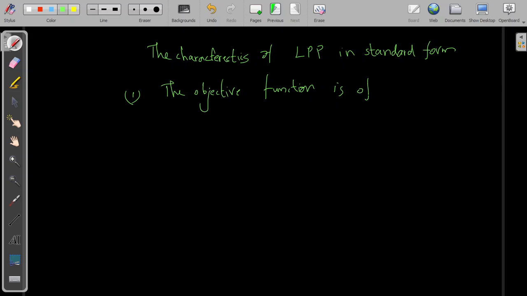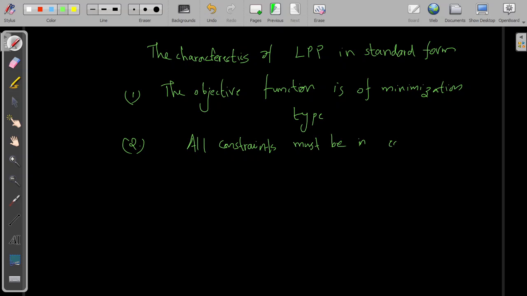The second important point is that all constraints must be of equality type in the standard form of LP.